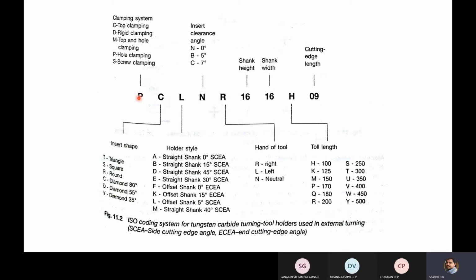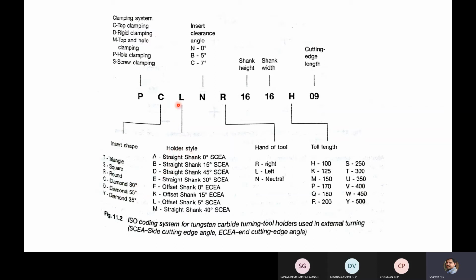Here P means clamping system: top clamping, rigid clamping, top and hole clamping. Here the clamping system used is hole clamping. Next, C means insert shape, here a diamond shape with 80 degree. Next, L means holder style.